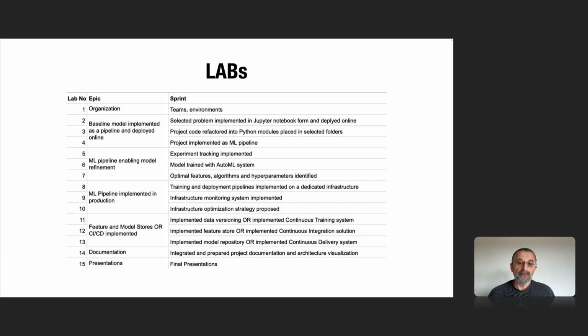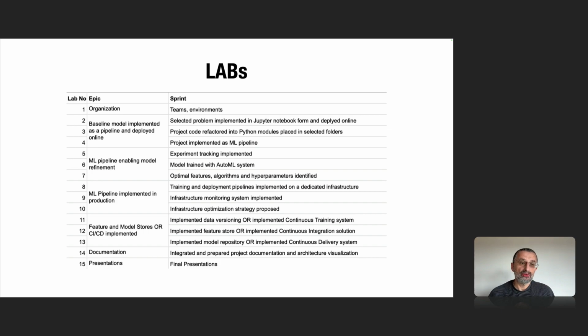At the end of the course, I expect that you will be able to create by yourself, or preferably in small teams, some project which shows that you are capable of deploying the machine learning model in production.